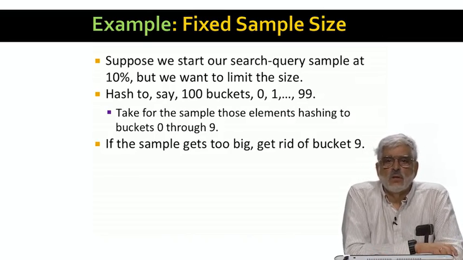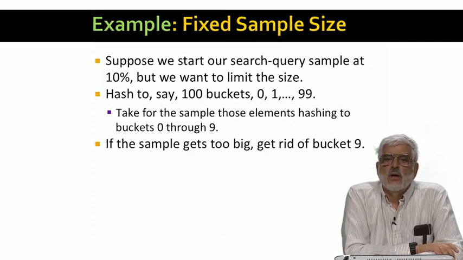Now, suppose we're going along and at some point the sample size gets too big. So we pick one of the buckets to get rid of, say bucket 9. That is, we delete from the sample all those elements that hash to 9 while retaining those that hash to 0 through 8. Implementation is simple if we store the sample by bucket. We just return bucket 9 to available space. Now our sample is 9% of the stream.